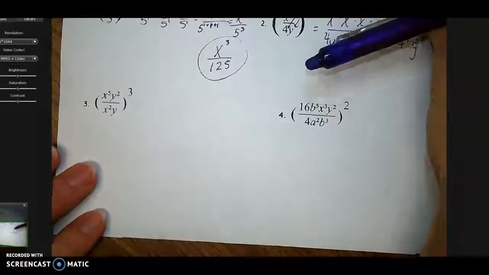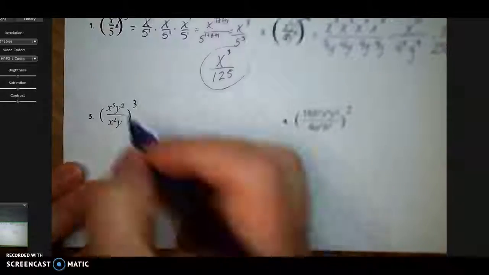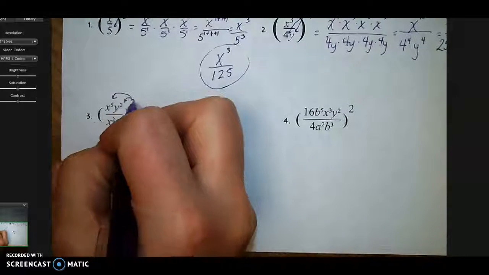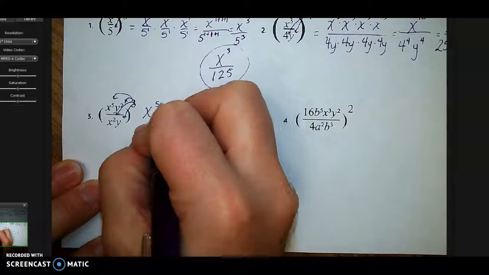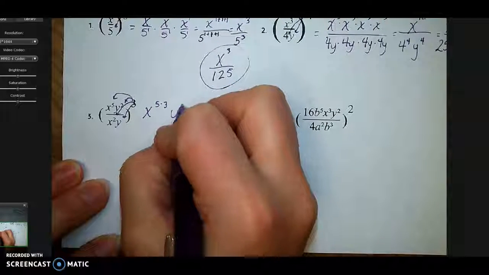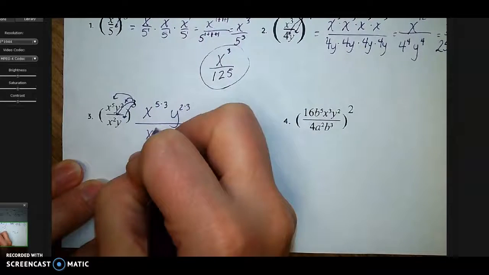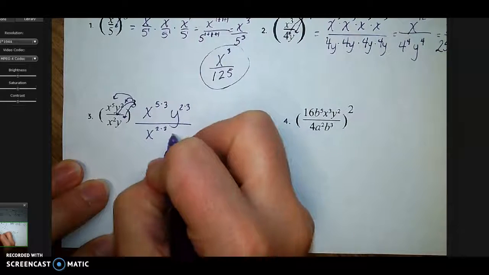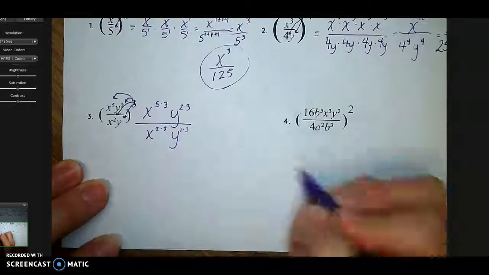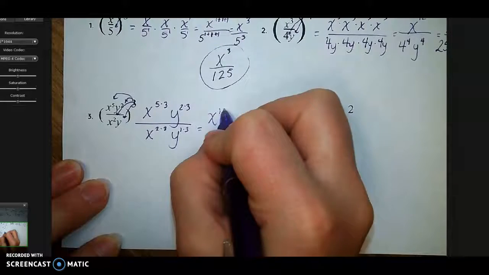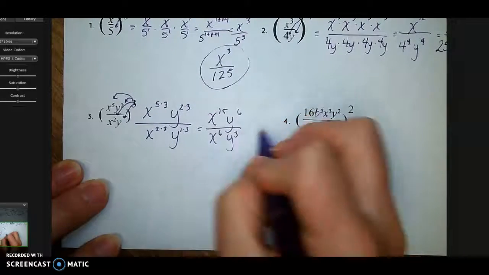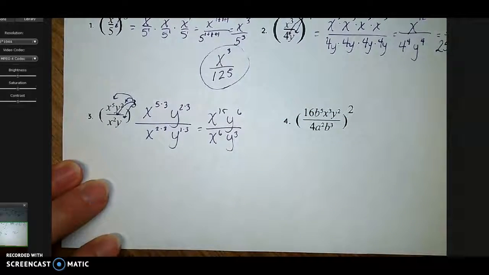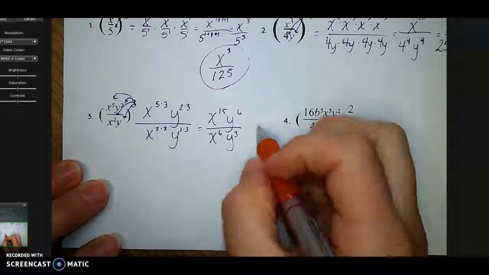Going on down here, I'm going to show these as straight distributive here. And then we're going to reduce. So I have x to the 5th times 3, and I have y to the 2nd times 3, over x squared times 3, and then remember that's to the 1st power. So I would get x to the 15, y to the 6th, over x to the 6th, y to the 3rd. Now what we learned earlier was that we can then reduce this.